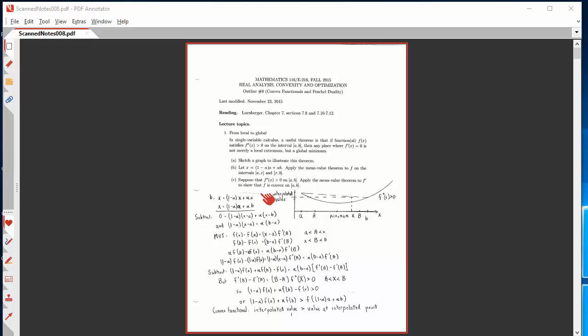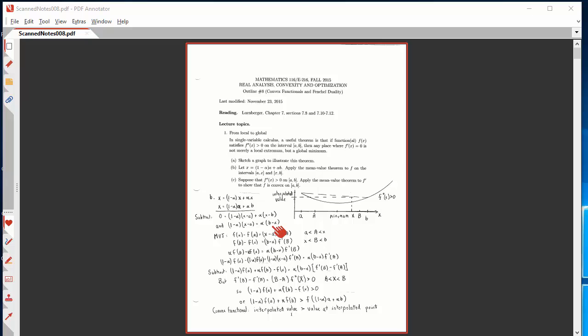In order to work with this, I've got to do a little bit of preliminary algebra. Trivially, x is equal to 1 minus alpha times x plus alpha times x. The definition of x is that it is equal to 1 minus alpha times a plus alpha times b. If I subtract the second line from the first line, I get 1 minus alpha times x minus a plus alpha times x minus b equals 0, or 1 minus alpha times x minus a equals alpha times b minus x.